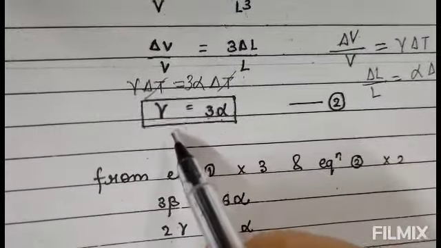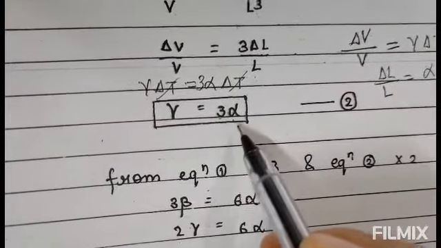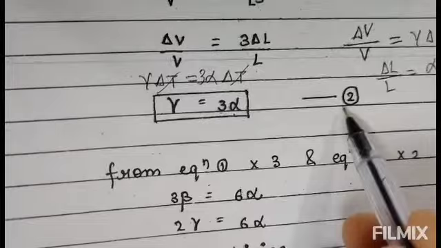That means the coefficient of volume expansion is 3 times the coefficient of linear expansion. This is our equation 2.